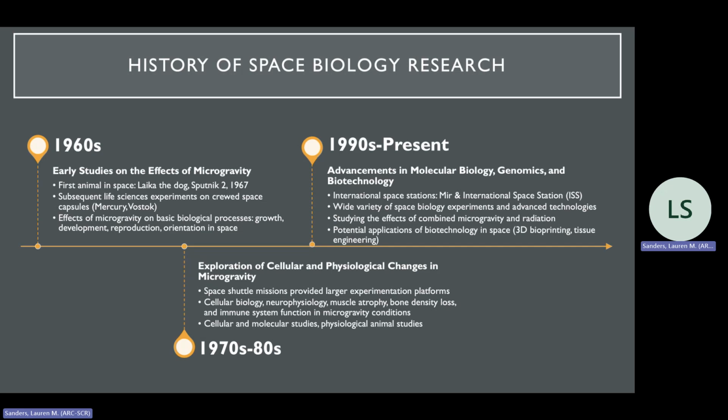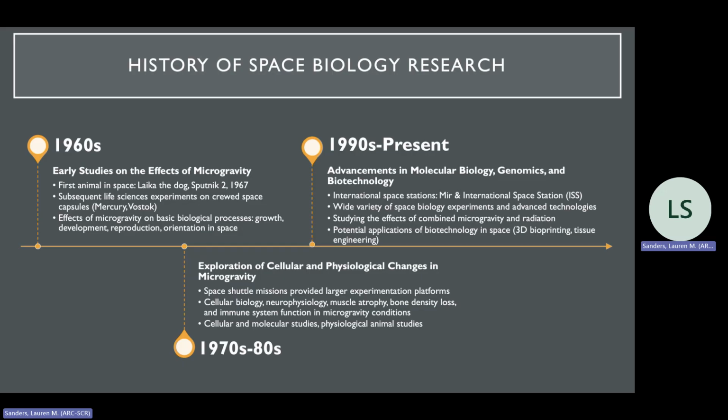For example, you may have heard of the first animal in space, like the dog who flew on Sputnik in the 1960s. And then there were subsequent life experiments on the smaller crude space capsules like Mercury and Vostok. And these studies were really trying to understand the effects specifically of microgravity, so altered gravity, on basic biological processes.